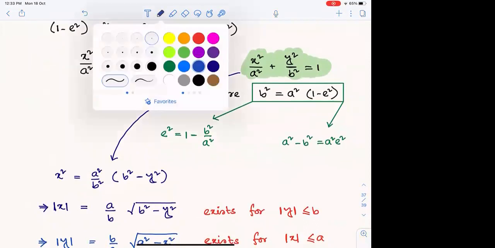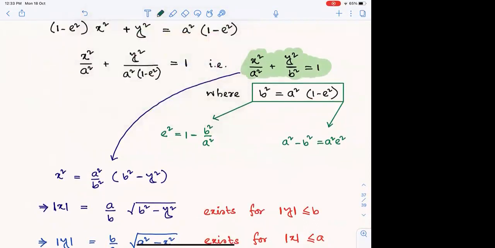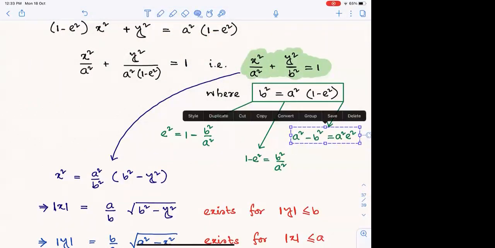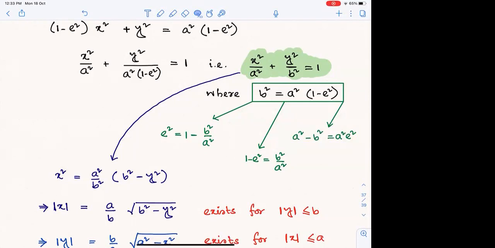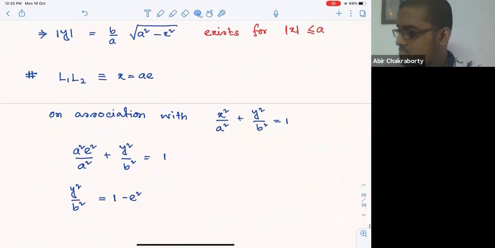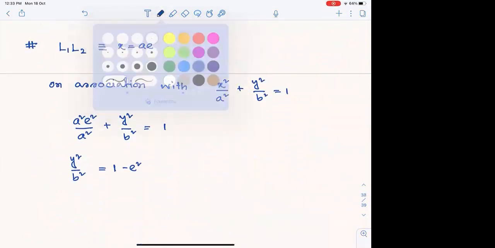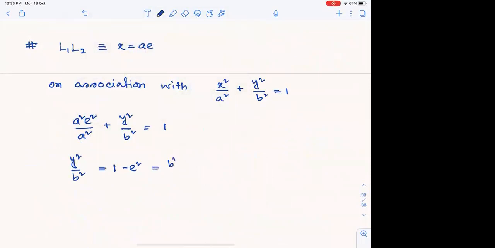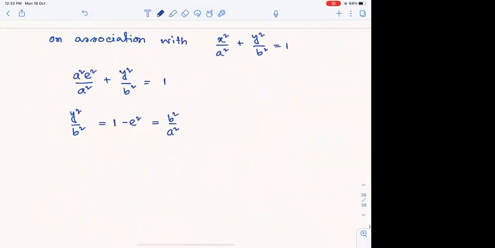Okay. So if we use this fact over here, we can replace it with b squared by a squared.